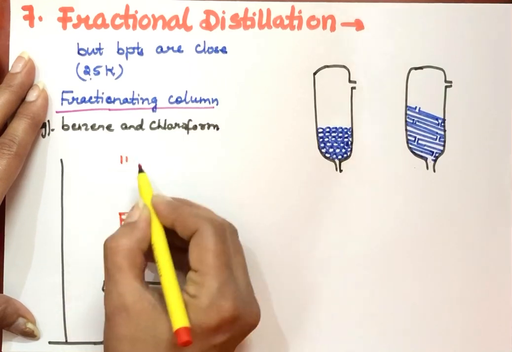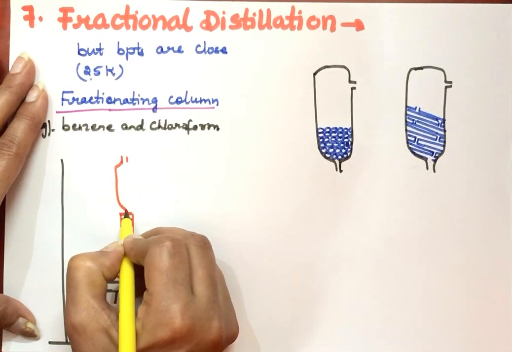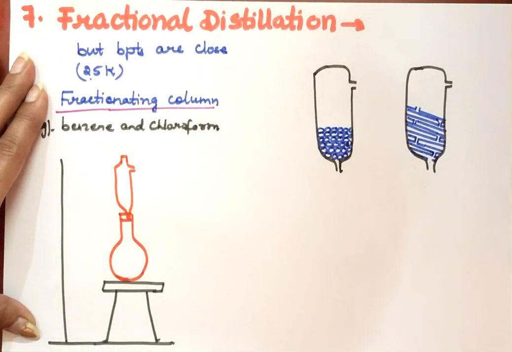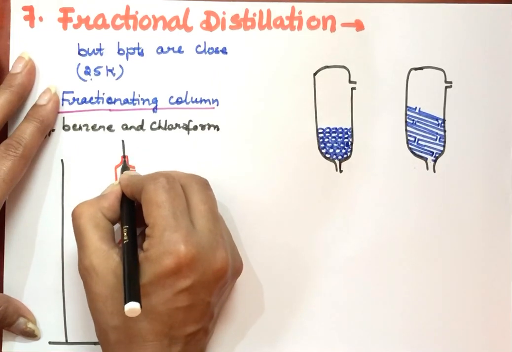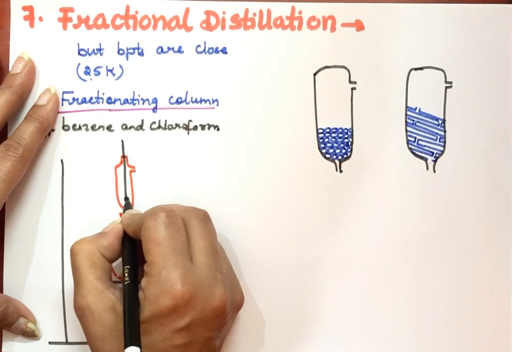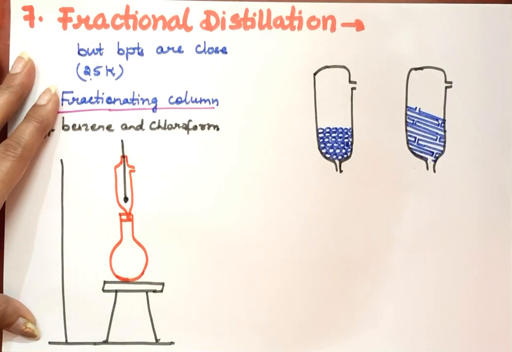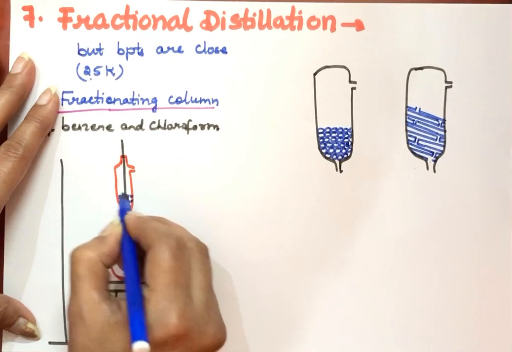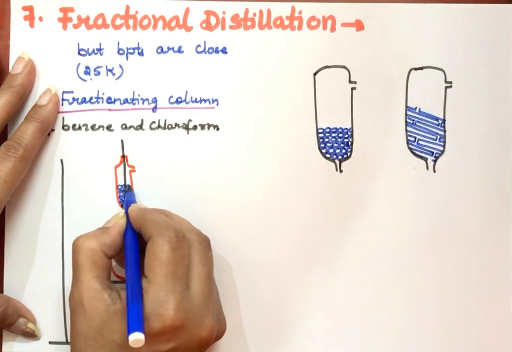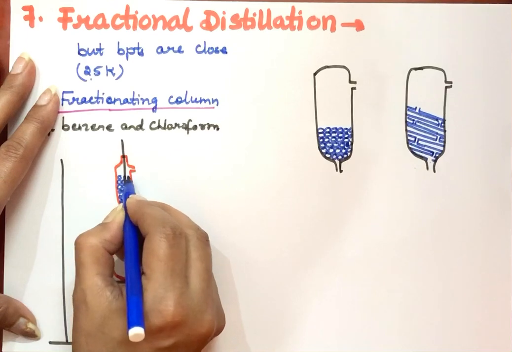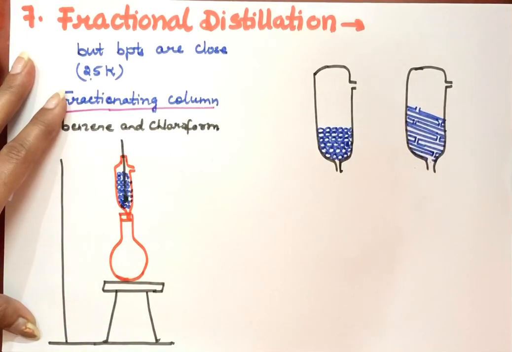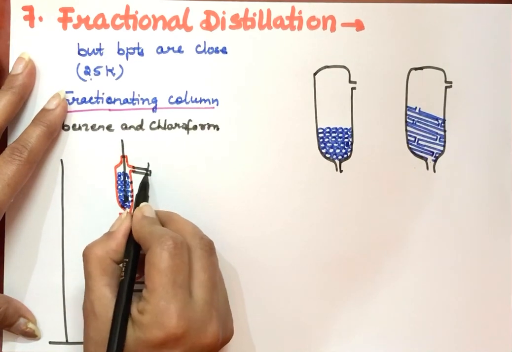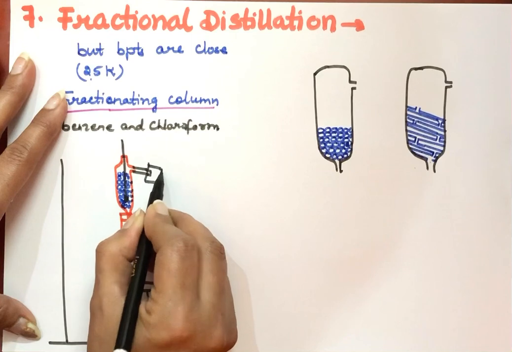A fractionating column in which we have a bulb also. From here we can pass a thermometer. Any kind of fractionating column we can draw here. And this end of the fractionating column is attached to the condenser.